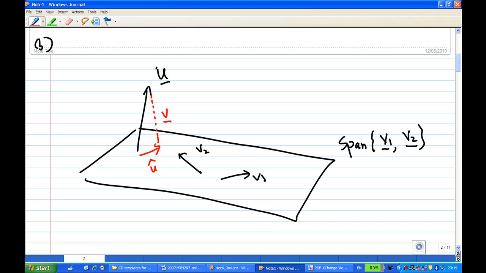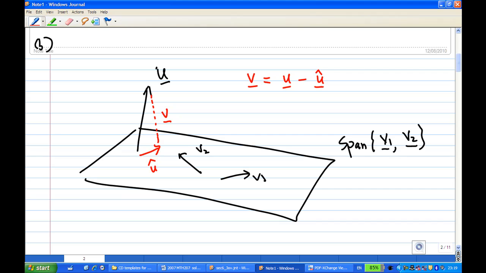This is v3, and v3 will be perpendicular to the plane spanned by v1 and v2, and this is what we want to find. That means that v3 is equal to u minus u cap. Now, how do I find u cap? If you know how to find u cap, then you know how to find v3.